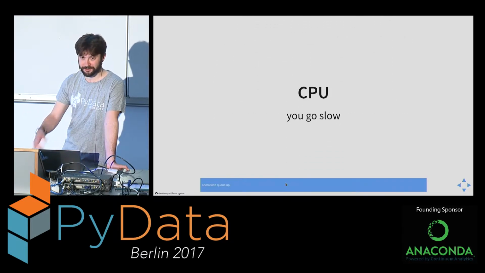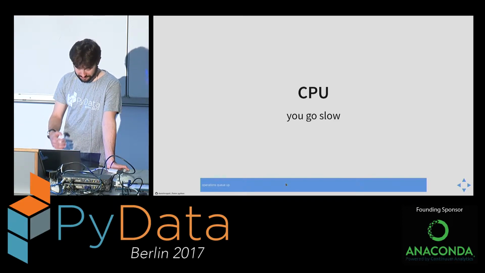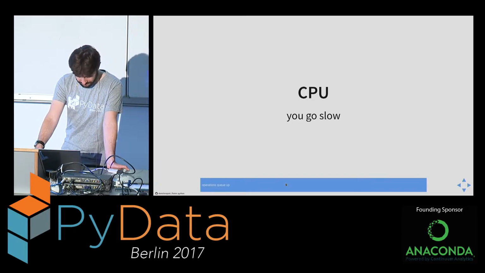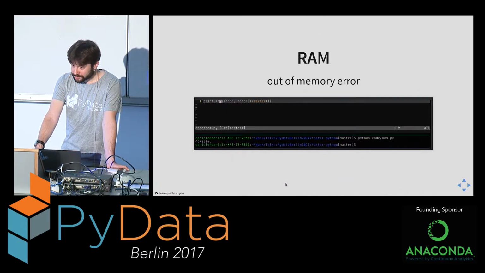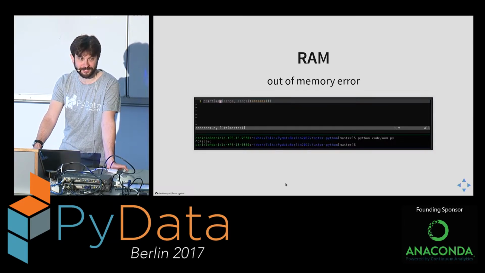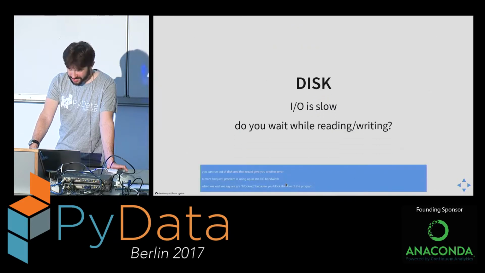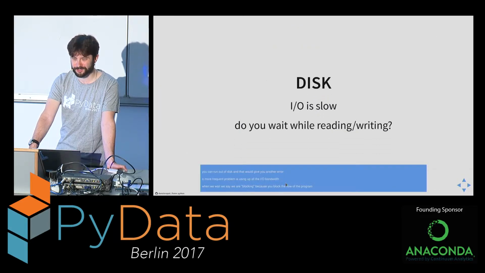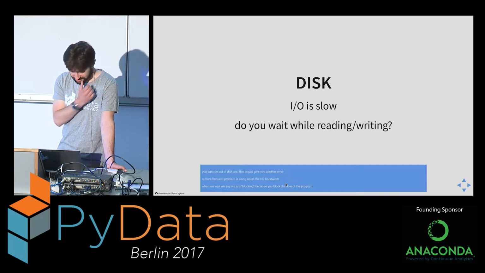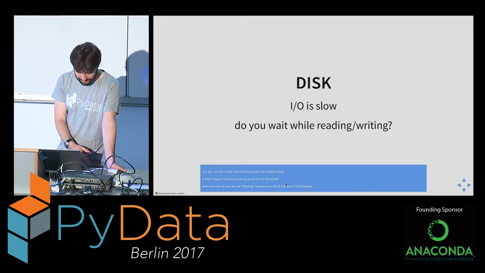For example, when we use all of our CPU, the instructions just queue up, and you go slow. If you use all of your memory, as this helpful example shows, you get an out-of-memory error, and the operating system kills your process. That also happens if you use up all of your disk. You can run out of disk, and you get a disk full error.